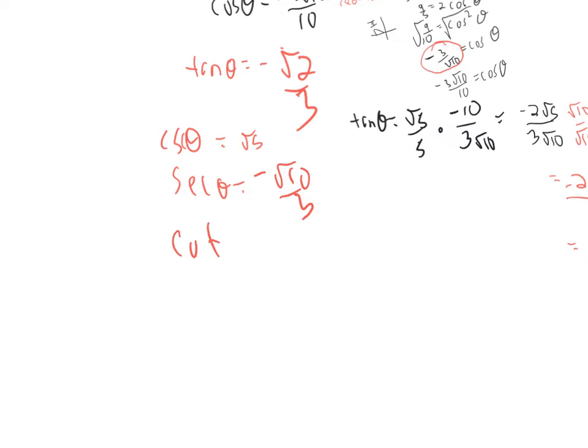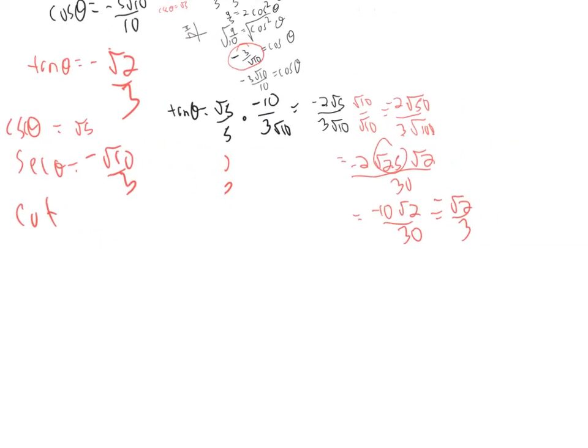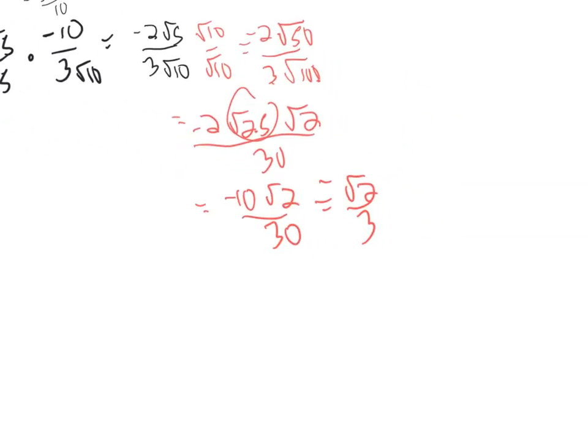And cotangent is the reciprocal of the tangent of theta. So I could go back and look, did I have that answer before I rationalized it? I do. It's still ugly. When I flip this, it's going to be negative 3 over the square root of 2, which has to be rationalized now.